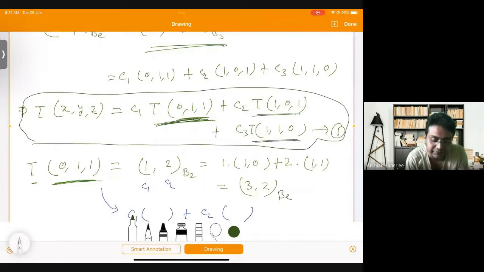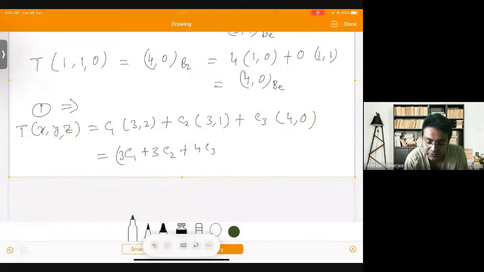If we simplify, it will be (3c1 plus 3c2 plus 4c3, 2c1 plus c2).